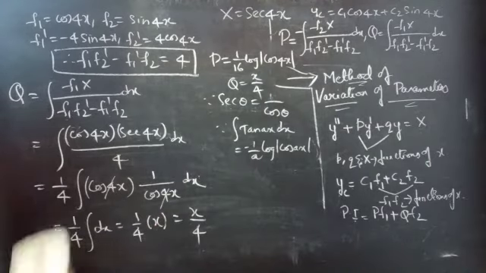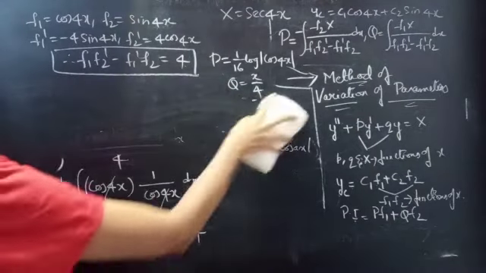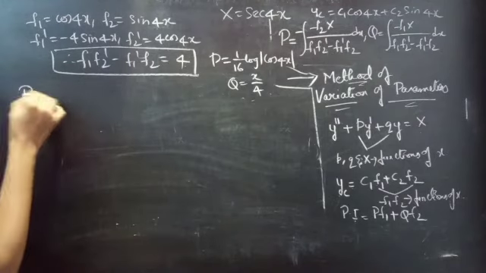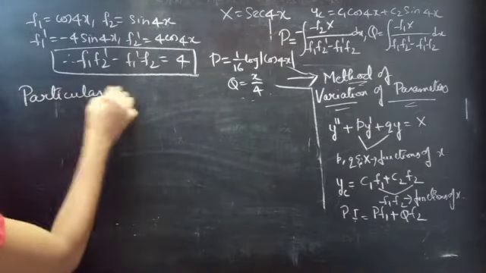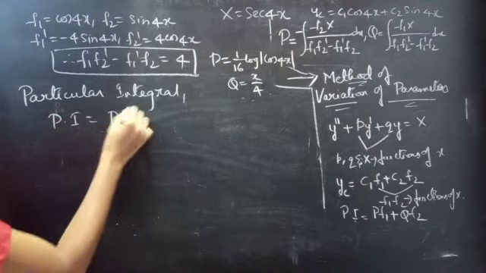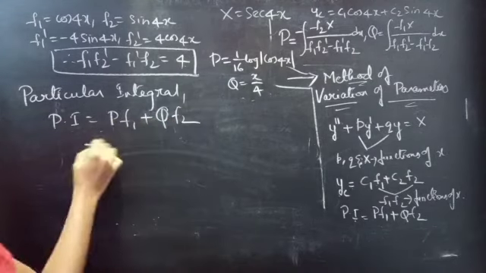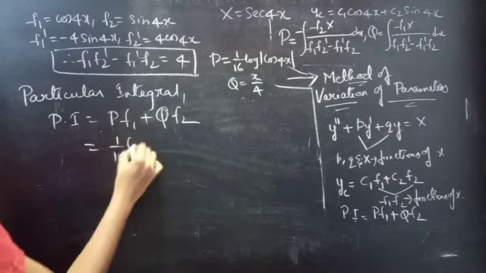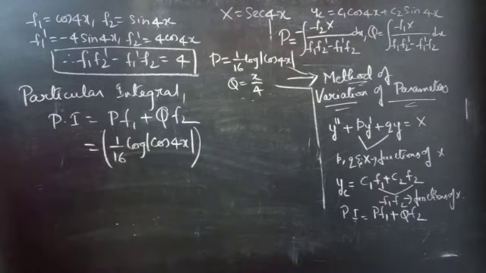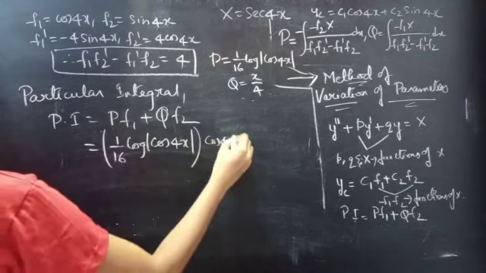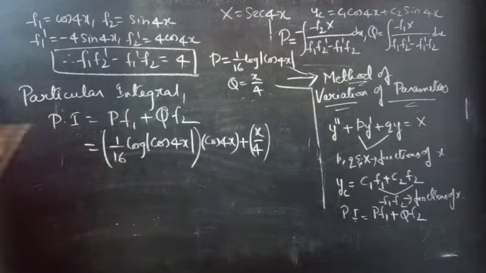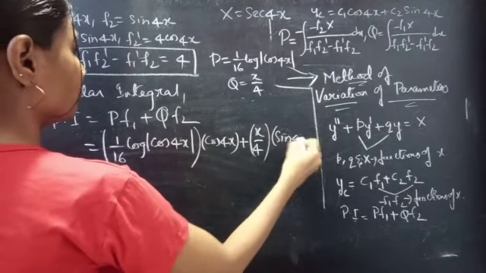Now we can write the particular integral. yp equals p f1 plus q f2, where p equals 1 by 16 log mod cos 4x into f1, cos 4x, plus q, x by 4, into f2, sin 4x, right?